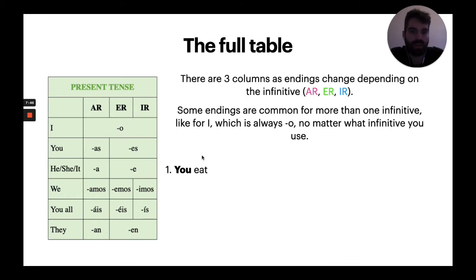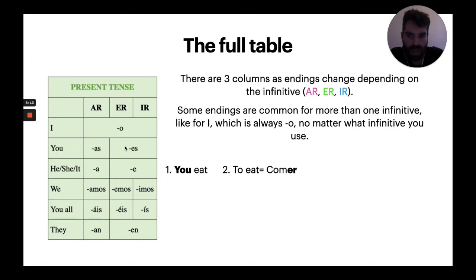Let's have a look at some examples. For instance, if I had you eat and I follow the steps, I would need to look for to eat, which would be the infinitive of you eat, and I would find that comer is to eat in Spanish. Then, because it is you that I want to translate, I go to the column.